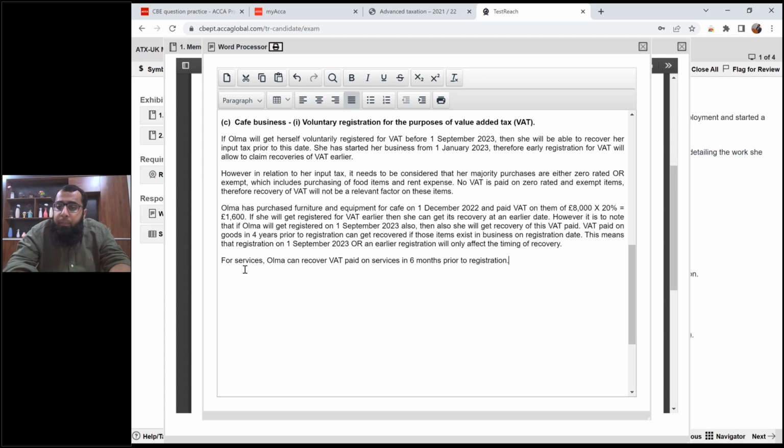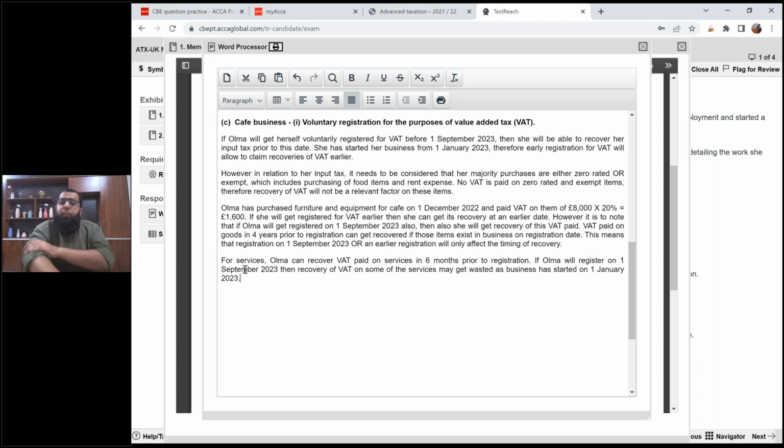If Alma will register on 1st September 2023, then recovery of VAT on some of the services may get wasted as business has started on 1st January 2023.